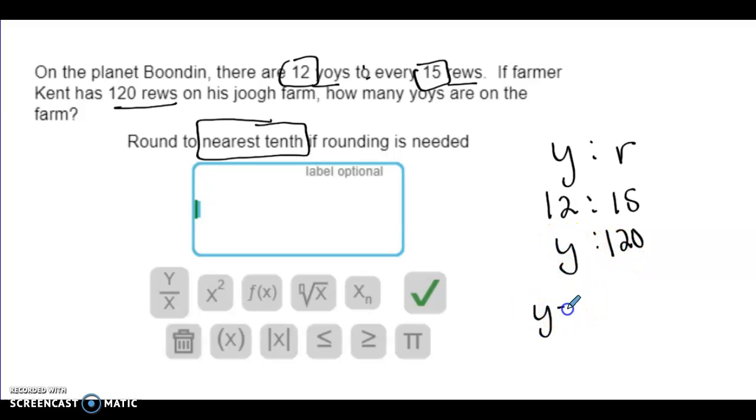Grab my calculator, enter 120 times 12, divide by 15, the lonely guy, crisscross multiply, divide by the lonely guy here. 120 times 12 is 1,440, divided by 15 is 96. Another whole number. Shoot. Just when it gets easier, but hopefully it's quick and easy.